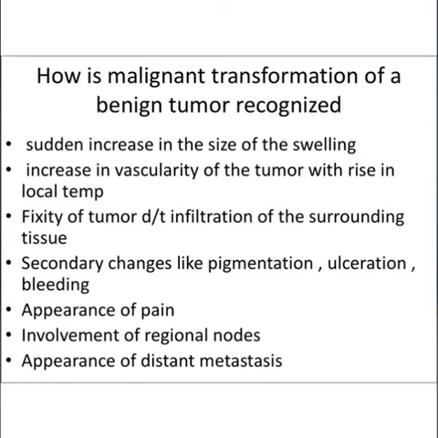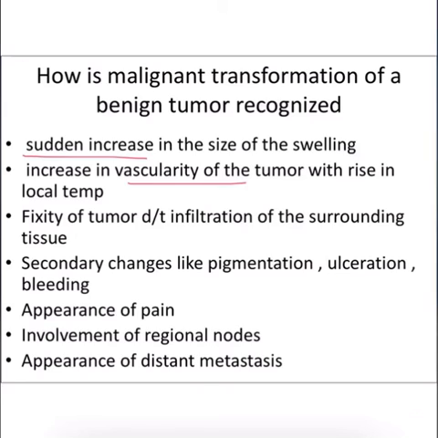So how is malignant transformation of a benign tumor recognized? Sometimes a benign tumor can convert into a malignant tumor. So how do you identify it? Like a patient has a long history of a small tumor, and now the size has increased in a few months, a sudden increase in size, then an increase in the vascularity of the tumor, it gets warmth.